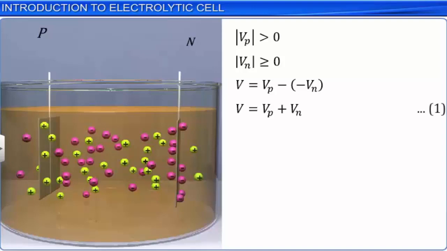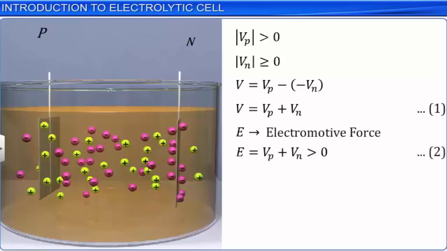The voltage or electric potential difference across the terminals of a cell when no current is drawn from it is its EMF. Thus, E is equal to Vp plus Vn, which is greater than 0. Let this be equation 2.